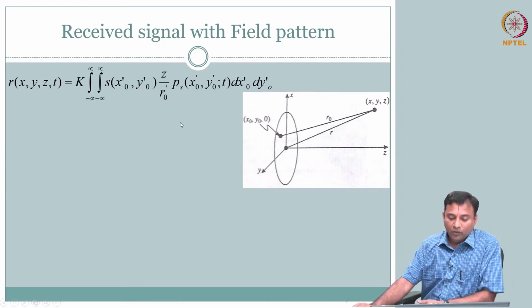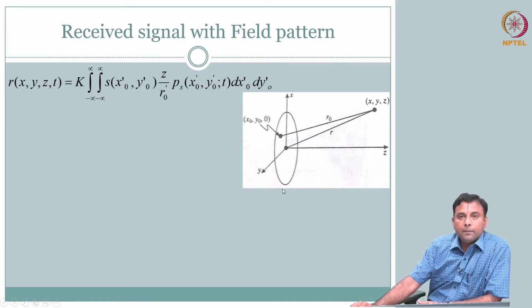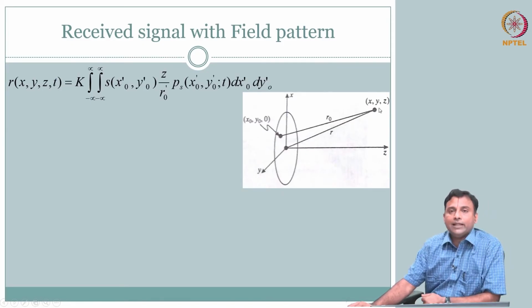And therefore, what we can try to do is write your received signal. So, now see what we are writing. This is our received signal x, y, z of t, correct, is whatever is falling on the plate, dx naught, dy naught is your surface here. So, everything that is falling on this, when it is reflecting, what is happening?